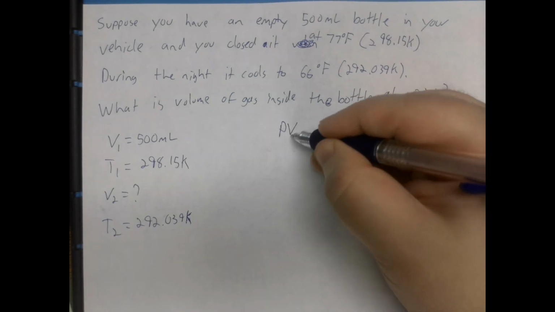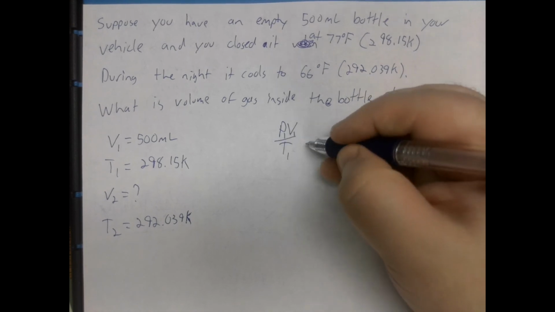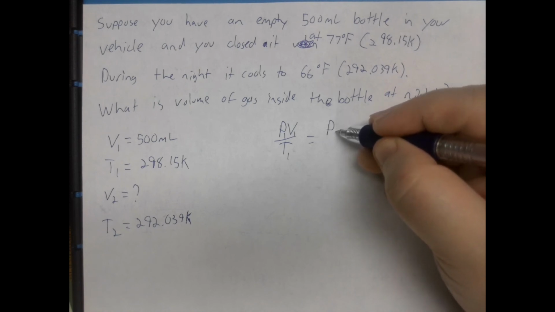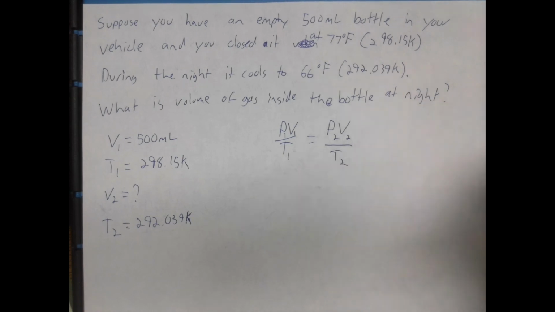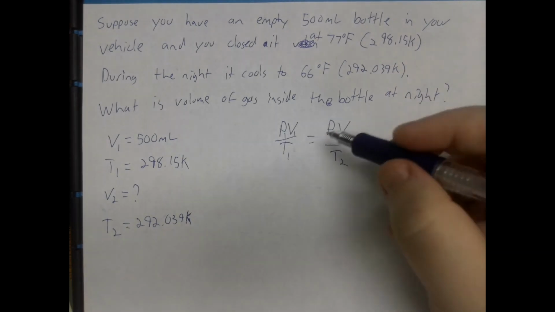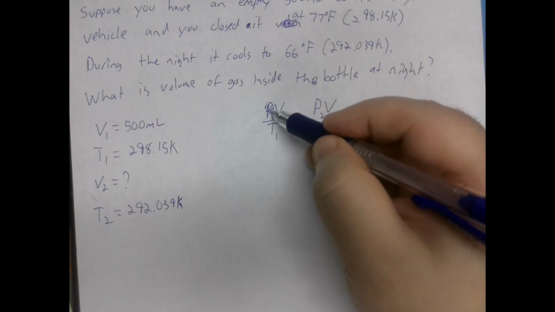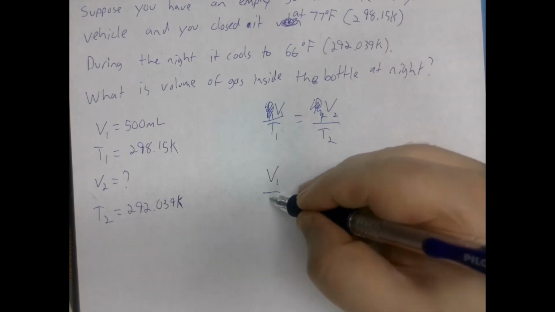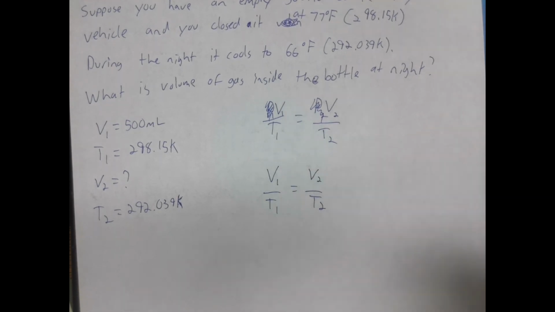So, combined gas law: initial pressure times initial volume divided by initial temperature has to stay constant, so it doesn't change. This ratio doesn't change, so it has to be equal to the final versions. We don't care about pressure, we assume it's constant. So V1 divided by T1 is equal to V2 over T2.